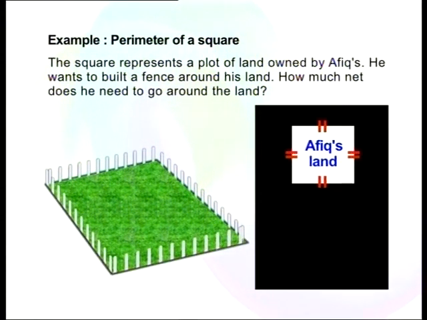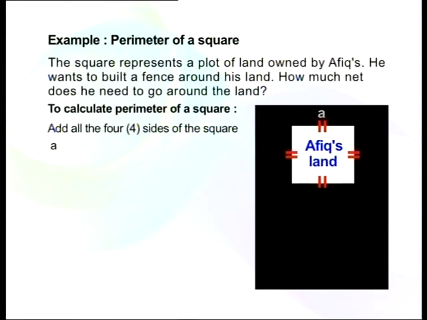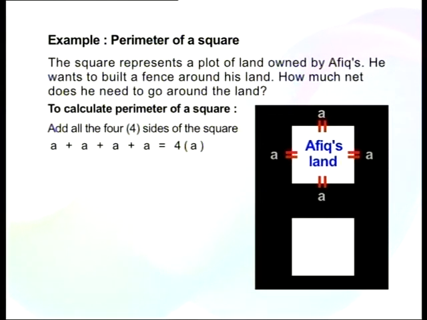To calculate the perimeter of a square, you need to remember a very simple formula. That is, add all the 4 sides of the square. So, A plus A plus A plus A equals 4A's. Let's say each side of the square has a length of 3 meters.